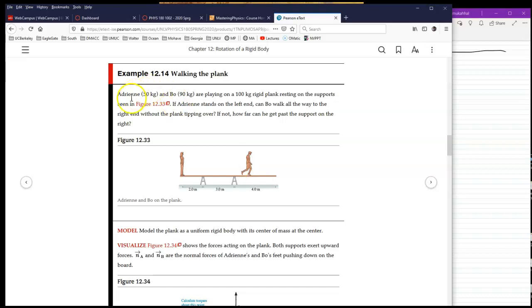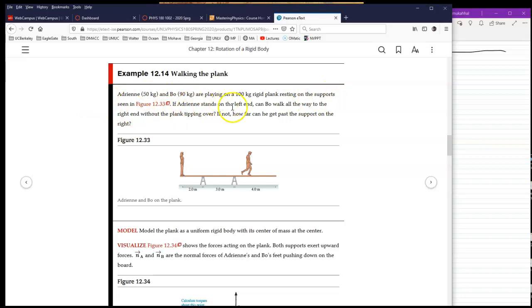Interesting. Let's read it. So you have Adrian, 50 kilograms, which is right here, and Bo, kind of a funny name, 90 kilograms. So the guy is 90 kilograms, and she is 50 kilograms, and they are playing on a 100 kilogram rigid plank resting on the supports.